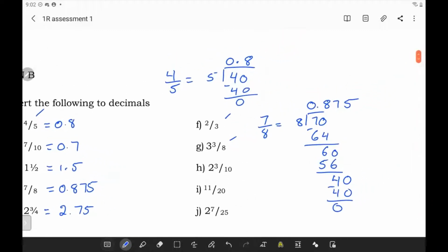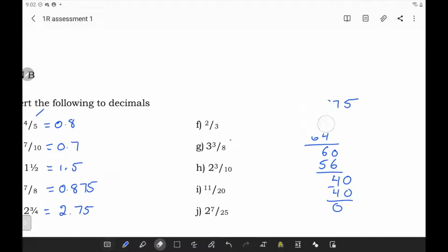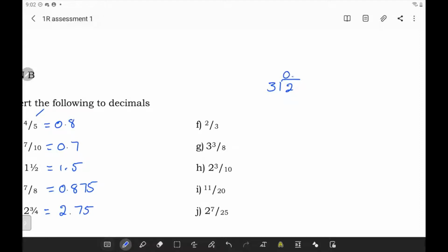Okay, allow me to erase these. 2/3, well, I already have working for this. So we have 3 and we divide, so 2 divided by 3. So 3 into 2 is 0. That's 0, we get 6. 6 3s are 18.